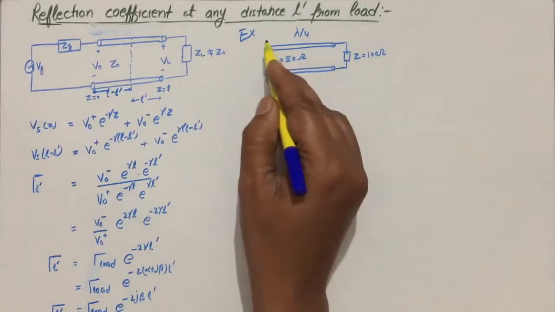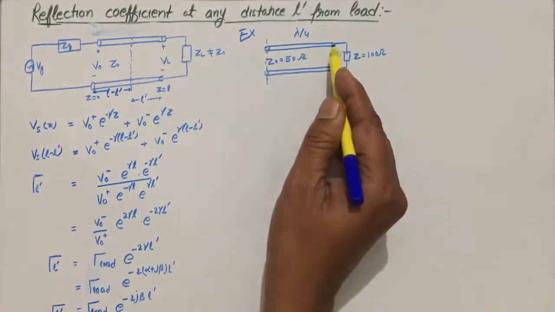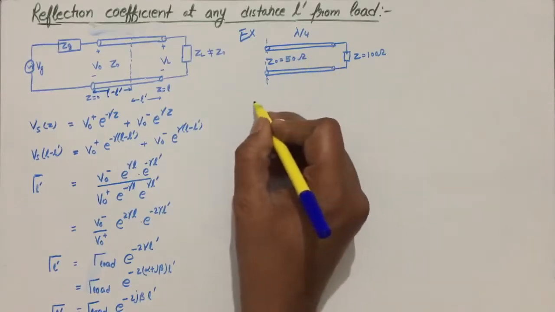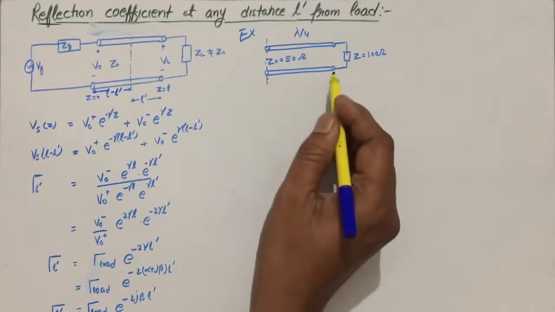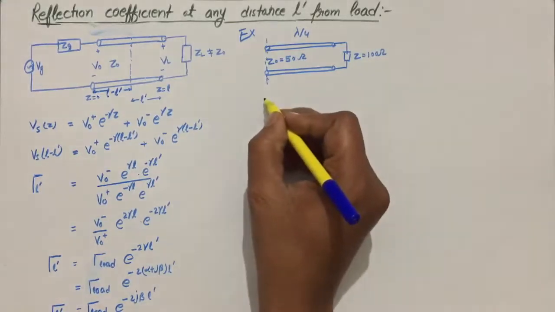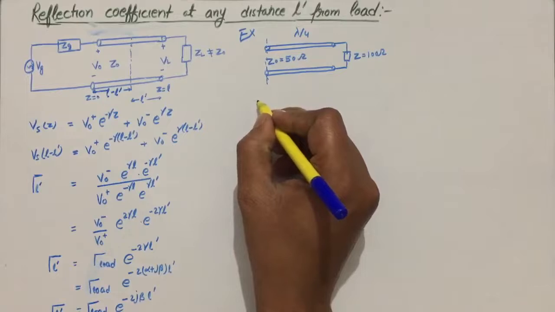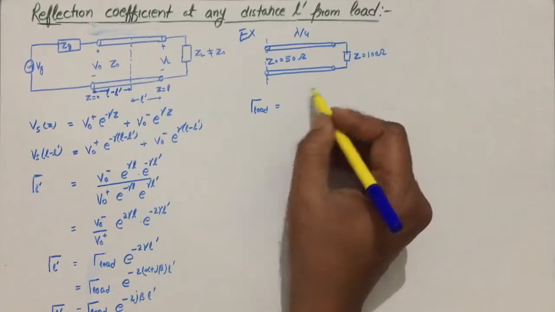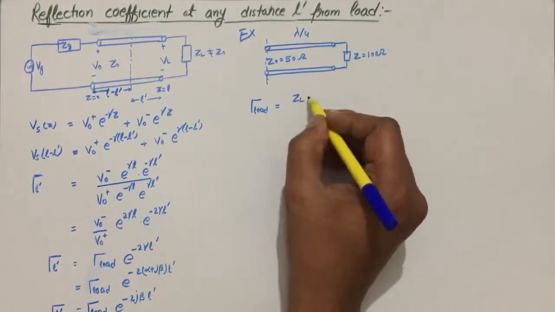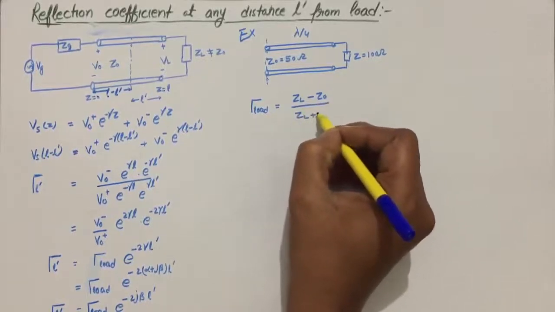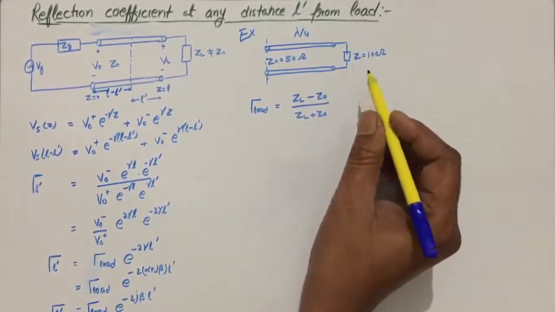So if we wish to find the reflection coefficient here at distance lambda by 4 from the load side, we have to find it at the load first, then multiply. So first of all, let us find the reflection coefficient at the load. That is (ZL minus Z0) divided by (ZL plus Z0), if the load is real.